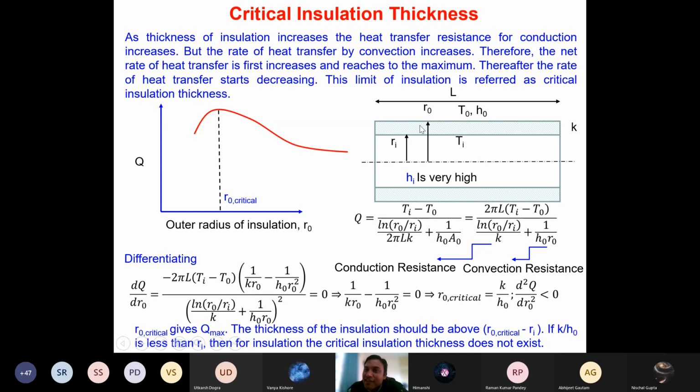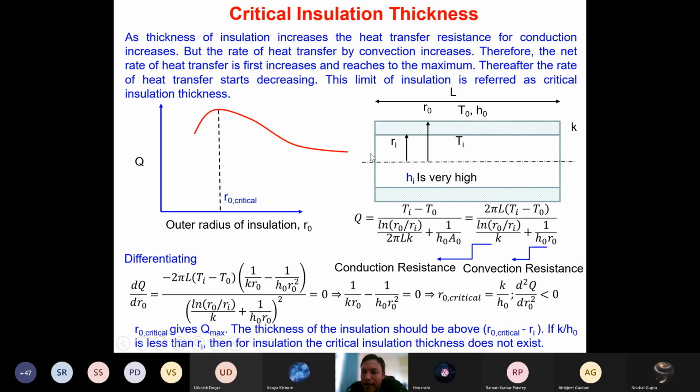Even though your conduction is decreasing, your convection is increasing because of that, and the resultant is that initially your heat transfer is going to increase. Then if you keep increasing the insulation thickness, it will start decreasing. So definitely your insulation thickness should always be above the critical insulation thickness. Does it make sense to everyone? Yes, sir.